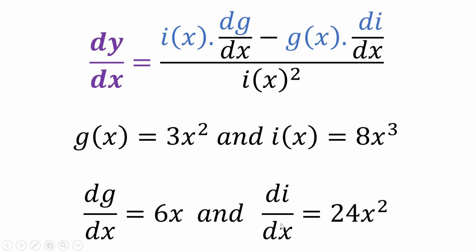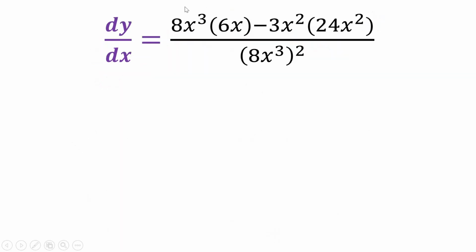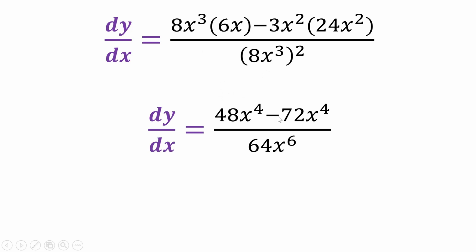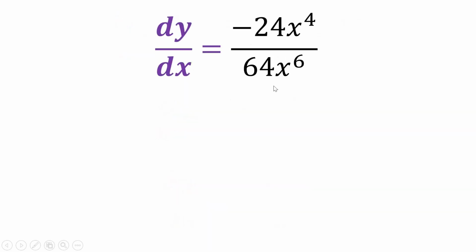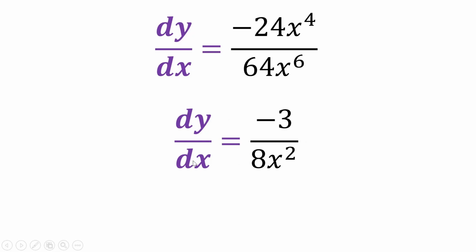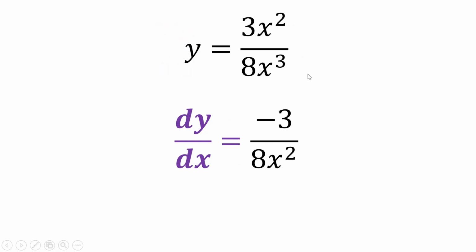Now we are going to substitute in the values. When we do that, we move to this point. Now our duty is to simplify. So this is where we are. We do subtraction of the numerator. Now we can simplify this. And this is the derivative that we are searching for.